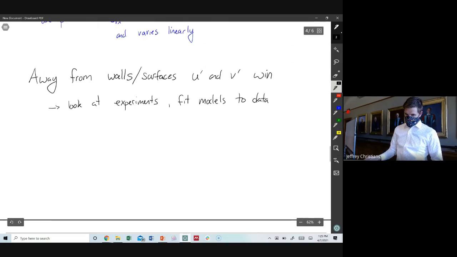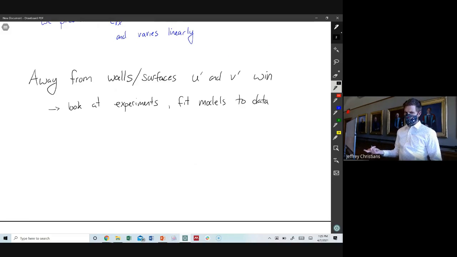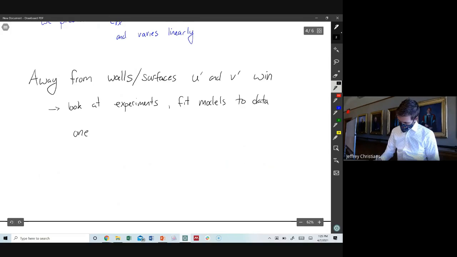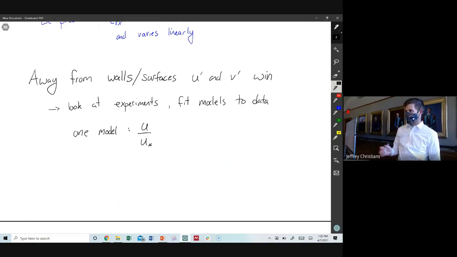So we looked at one model, which we won't really use that much in practice. But just to show that the model we will use a lot is not the only game in town, because all of this is fitting an empirical model to data.